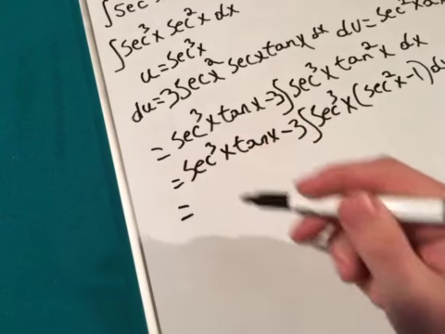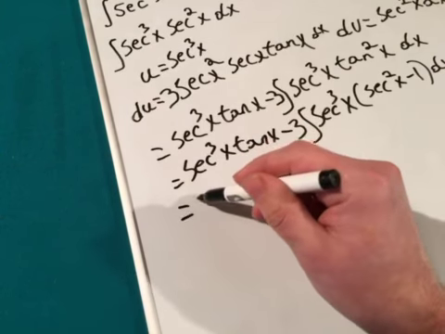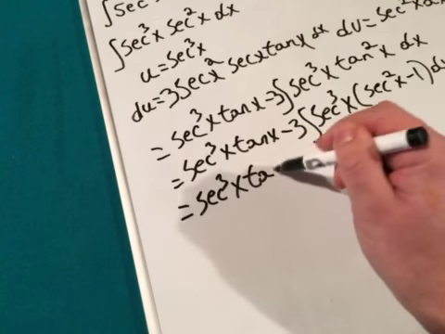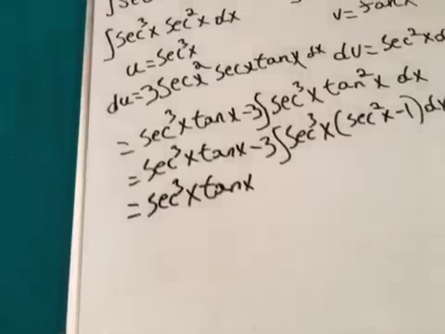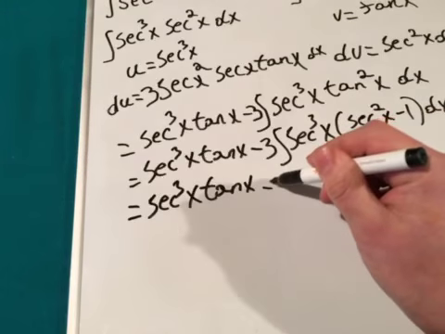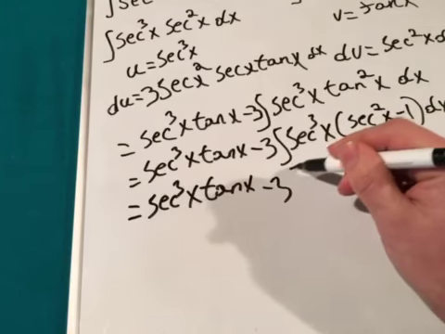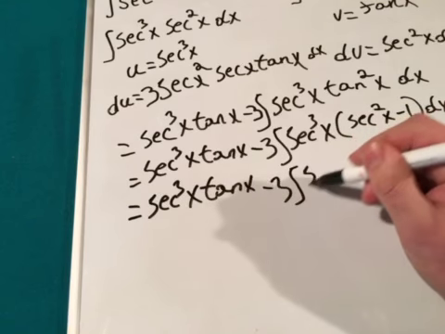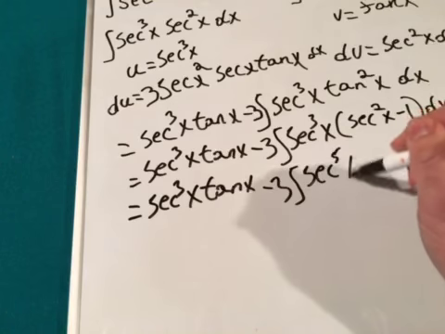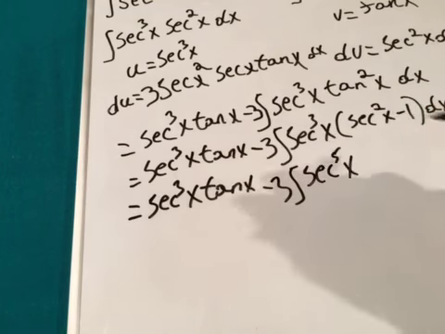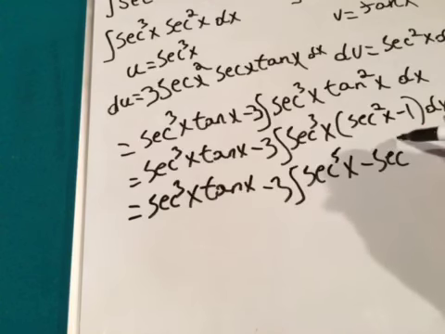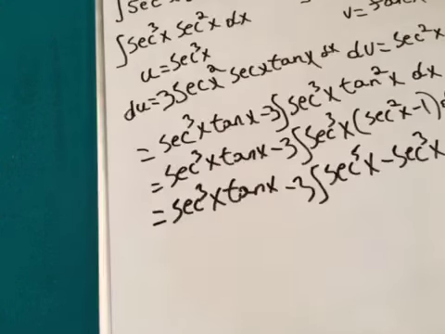Then let's distribute that secant cubed. We still have secant cubed x tangent x minus 3 times the integral of secant cubed times secant squared, which gives me secant to the 5th x, and then secant cubed times minus 1 gives me a minus secant cubed x dx.